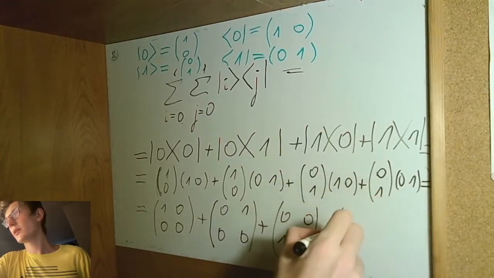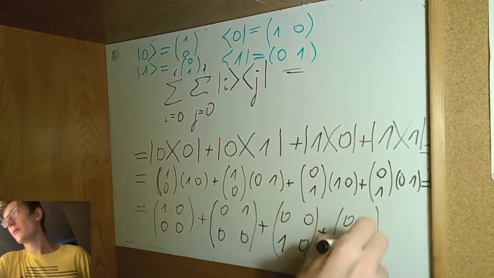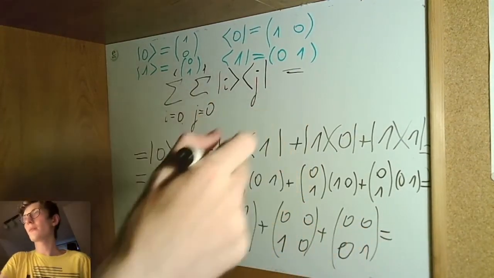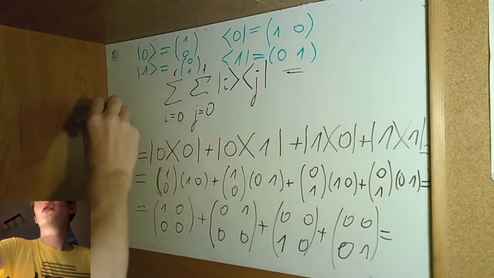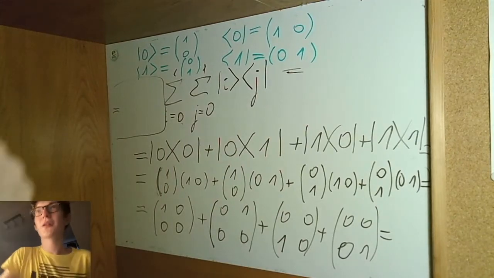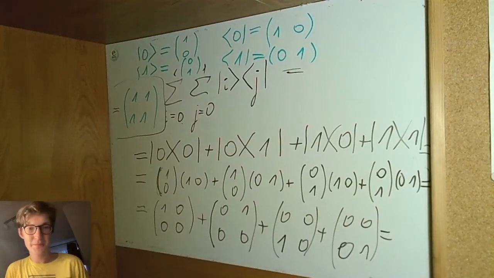And here, 0 times 0 is 0, 0, 0, and 1. And the outcome that I'm going to write here will be the outcome of this sum, which is of course 1, 1, 1, 1, because we sum all these matrices. And that's it, that's the answer.